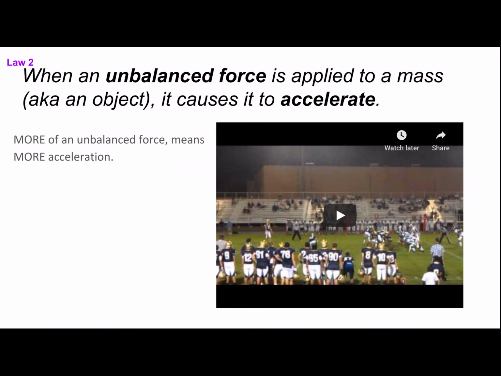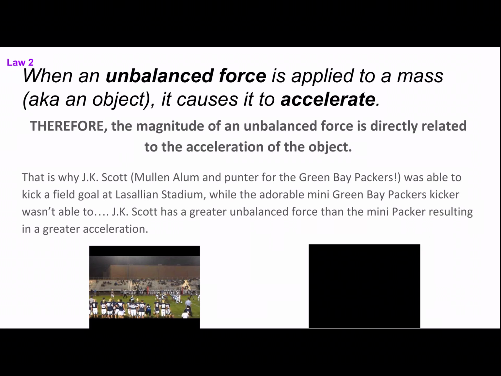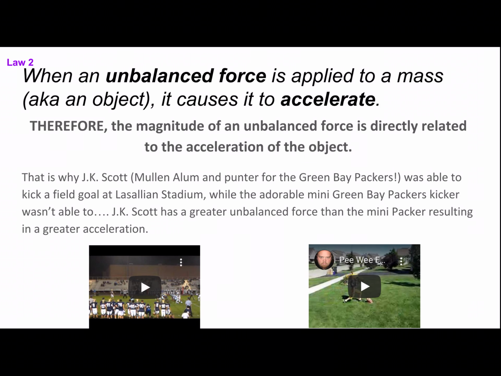And for J.K. Scott at Mullen, he had more of a force, which resulted in more acceleration. Therefore, the magnitude of an unbalanced force is directly related to the acceleration of the object. So it's the type of relationship where one goes up, the other goes up. One goes down, the other goes down.